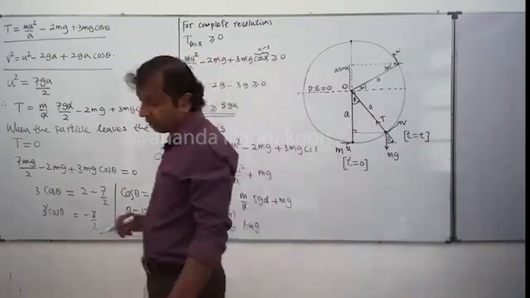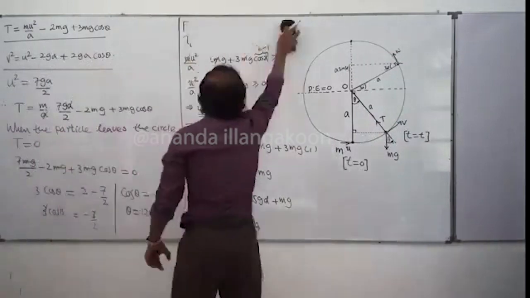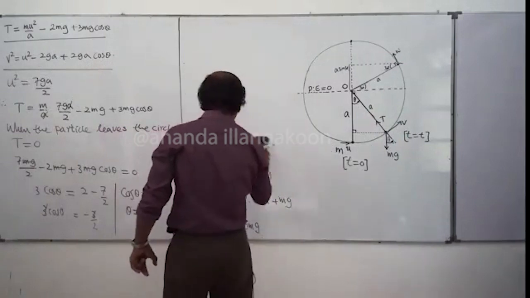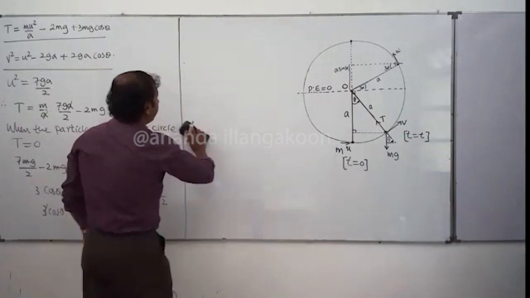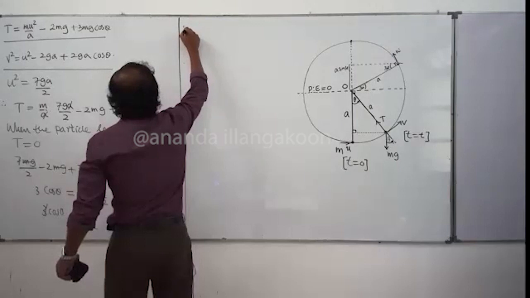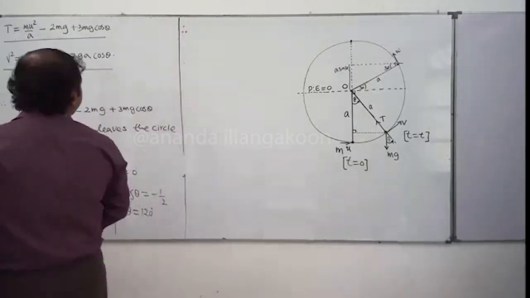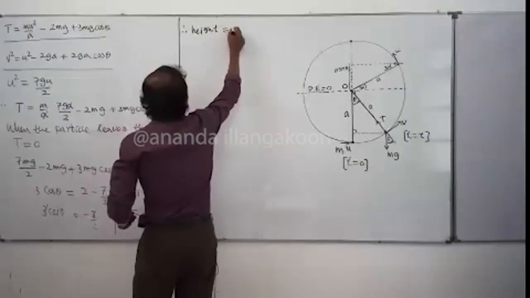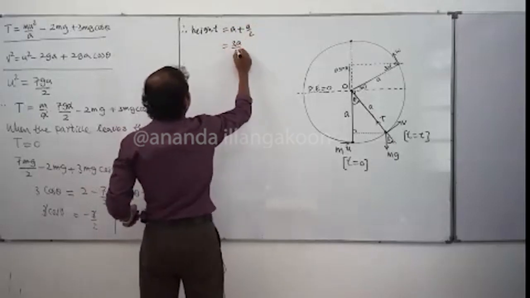That first, that answer we can take. Right. Now, therefore the height. It is A plus A by 2. This is nothing but 3A by 2.